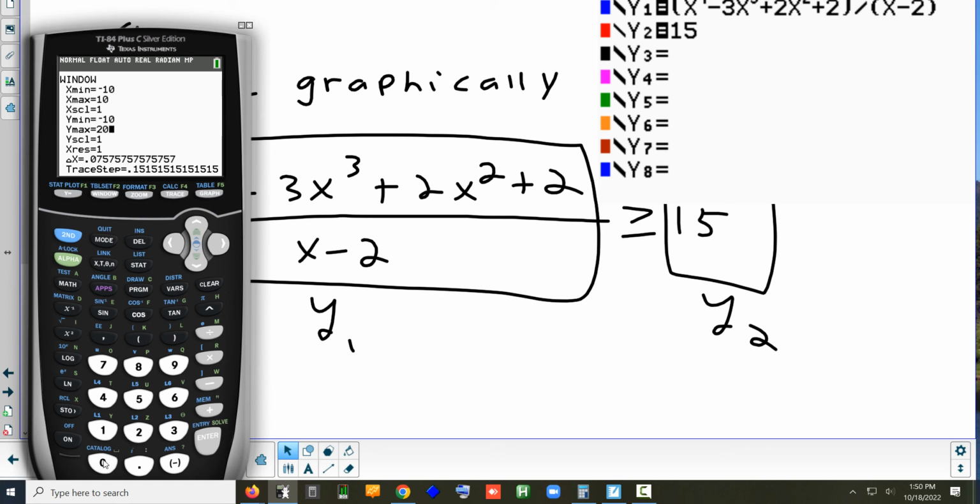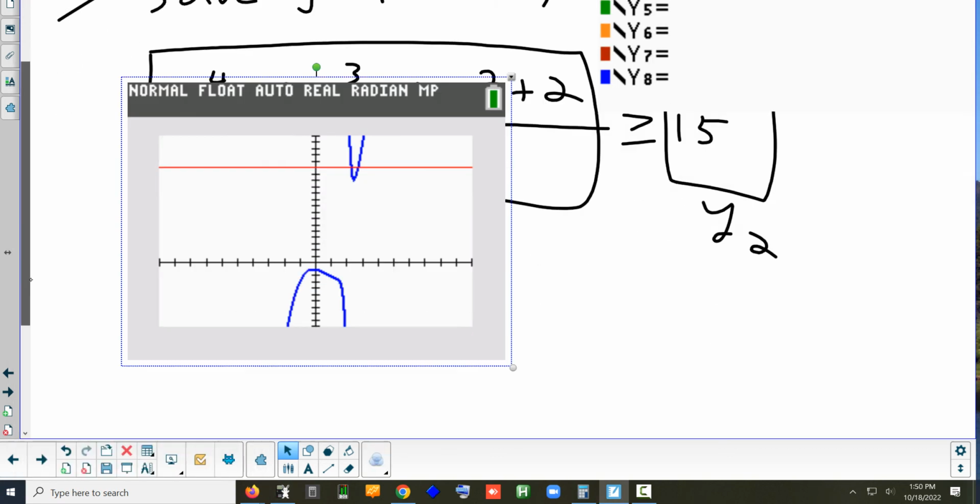Okay, I'm going to go 20. I'm going to hit graph and see how that looks.